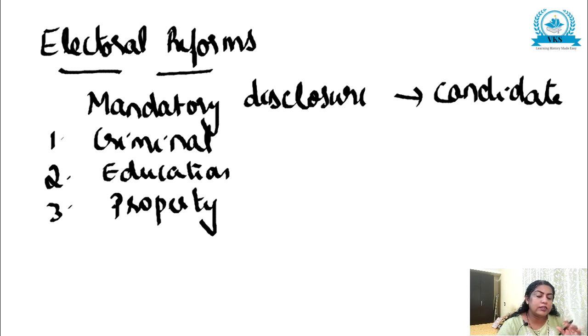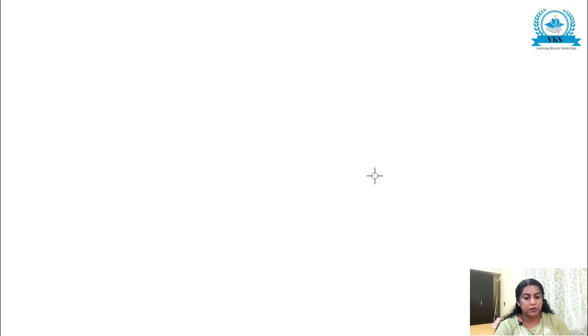The candidates have to disclose their personal details of any criminal history which they are having, regarding their education, and also regarding their property. All these they have to do while filing a nomination for contesting the election.